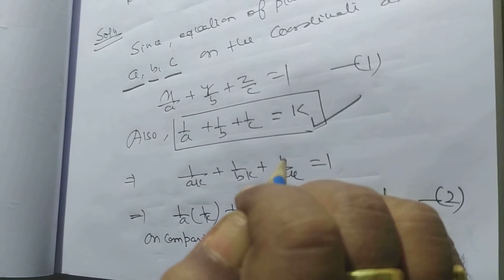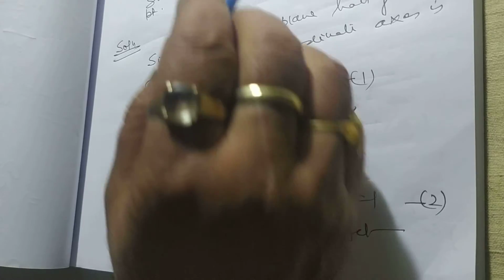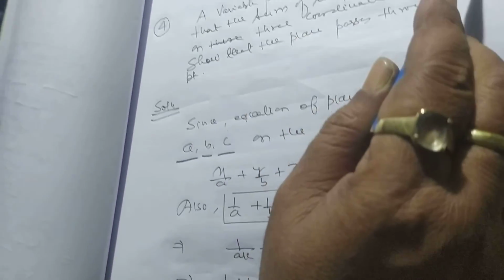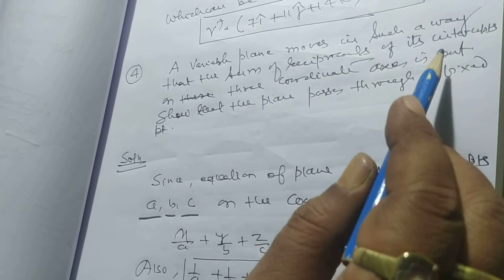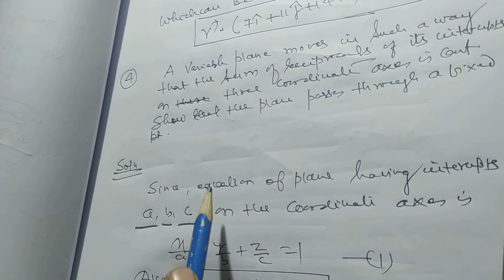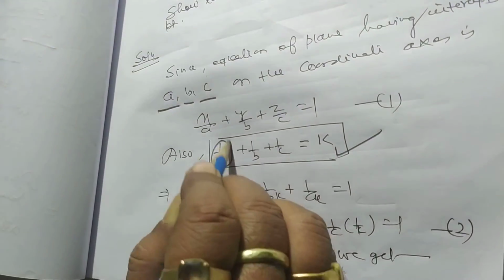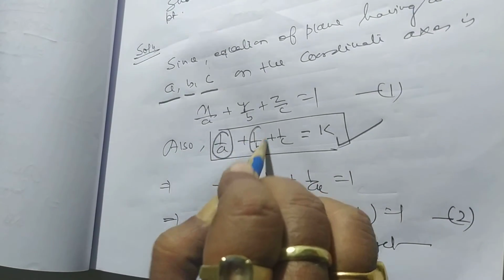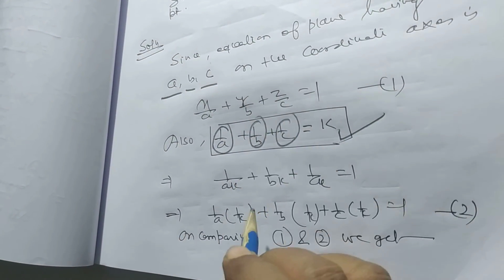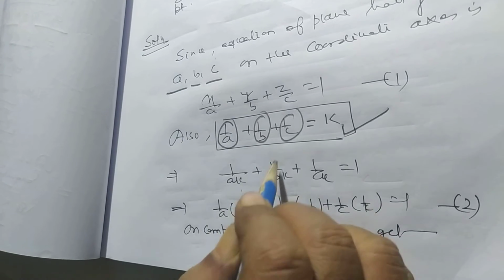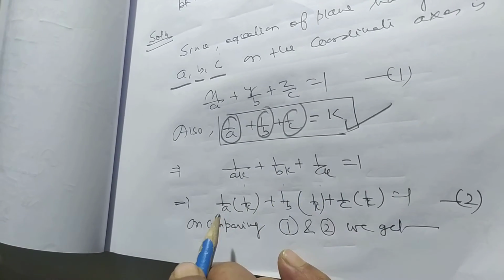What is given in this question? A variable plane moves in such a way that the sum of reciprocal of its intercepts on 3 coordinate axes, 1 by a, 1 by b, 1 by c, is equal to k. So 1 by a k plus 1 by b k plus 1 by c k is equal to 1.